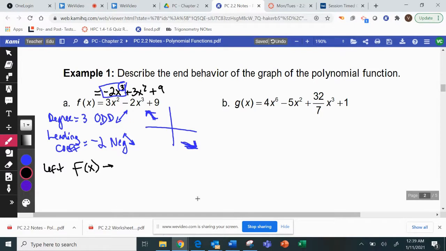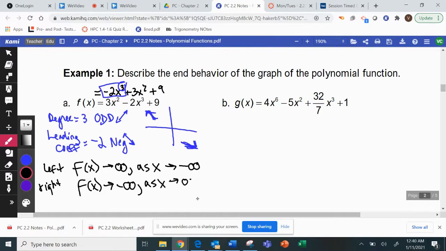F of x is going up, approaches positive infinity, as x approaches negative infinity, because it always does on the left. And then the right side, f of x approaches, and we look on the right, and it's going down, so negative infinity. As the x values, since they're going to the right, they go to positive infinity.